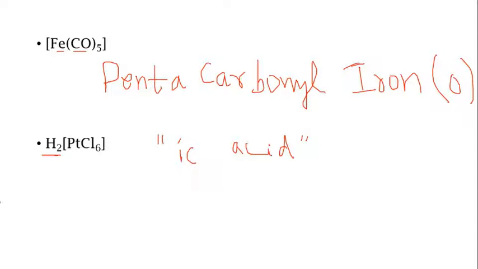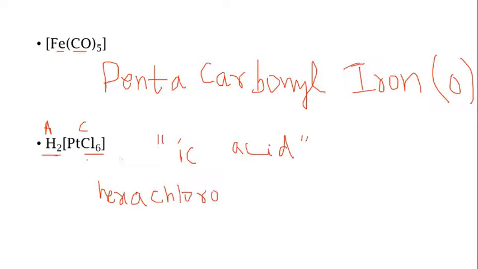So coming to this example, you have 6 chloride ligands. There are 6 chloride ligands. So if you can see here, this is your anionic part and this is your cationic part. So the cationic part should be named first. So you have 6 chloride ligands attached to platinum. So 6 means hexa. For chloride, you will use chloro as the name. Hexachloro.